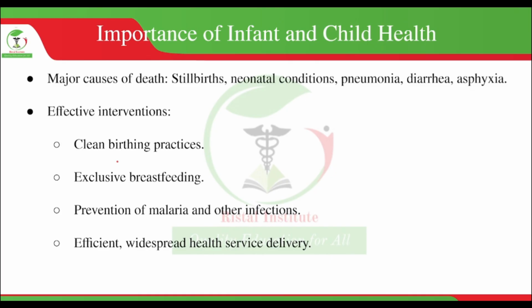They include ensuring skilled health attendants at births, safe and clean birth practices, exclusive breastfeeding, prevention of malaria and other infections, and efficient healthcare services. These interventions do not necessarily need a lot of investment, but they are key in improving health outcomes among infants and children under 5.